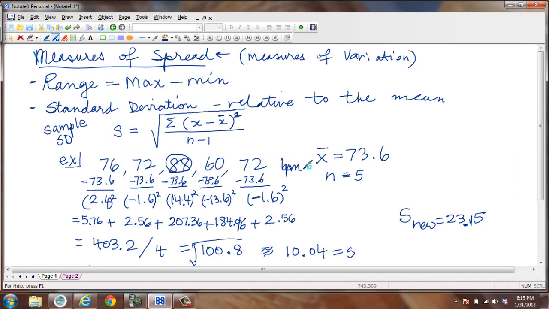So my standard deviation, the units are also going to be beats per minute. Okay, I'm running out of space. Beats per minute. So whatever your original data value is, whatever your original units are, that's going to be the units of your standard deviation.